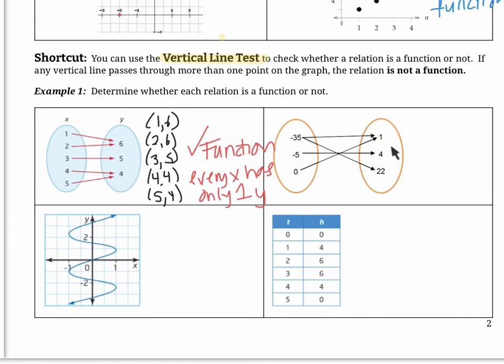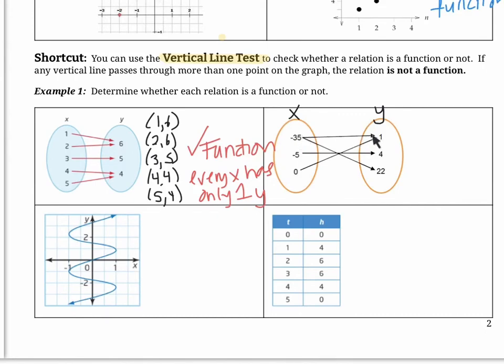How about this one? So this is another mapping diagram. We can always assume in a mapping diagram that the first circle represents our independent variable, so that's typically x, and the second oval always represents our dependent variable, which we typically call y. So this says when I plug in negative 35 for x, I get 1.